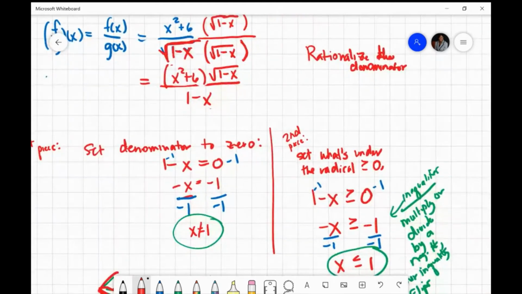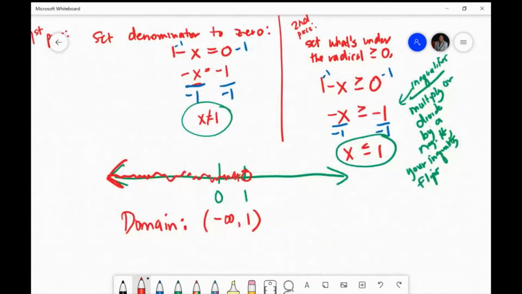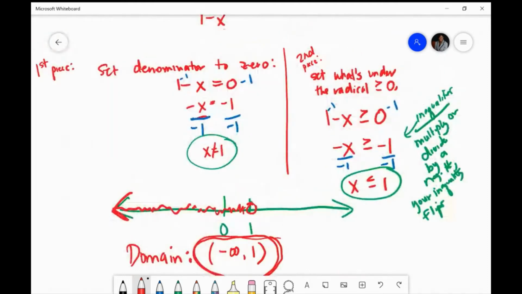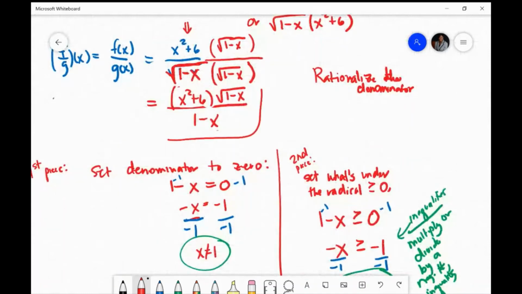You just don't want it to be 0. But we're saying the domain is we can only plug in numbers that are in here. Why can't I plug in numbers outside of this? What do you see as the issue if I plug in 2 or 3?